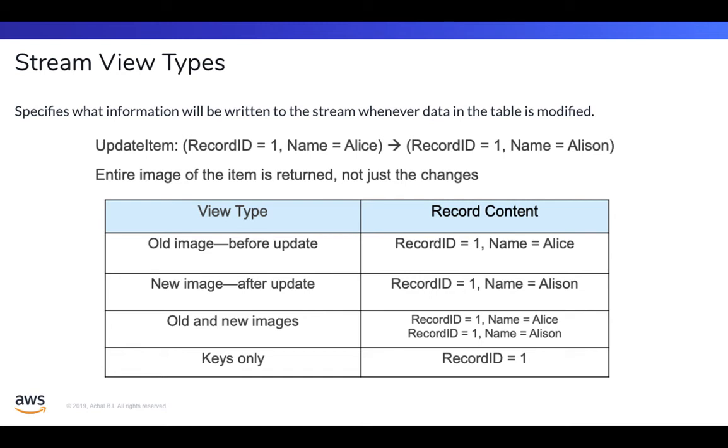So you could select either the old one which was updated or the new one, and you could also say I need only the keys which were updated. You need to specify what kind of view type you need when you're creating the stream.